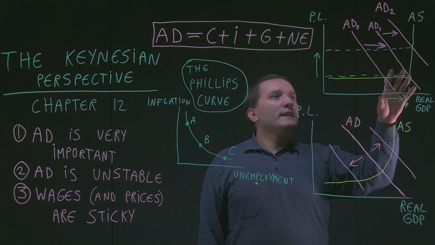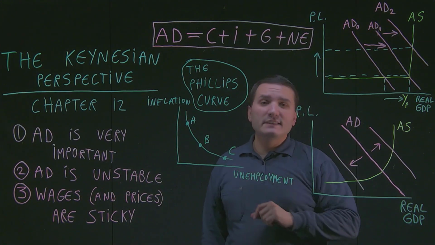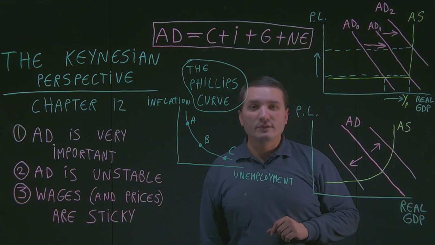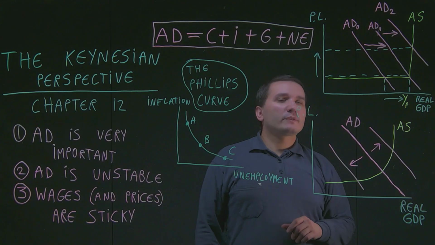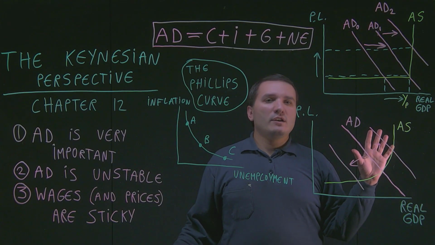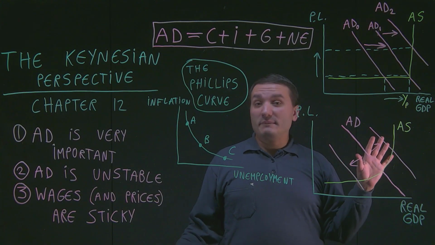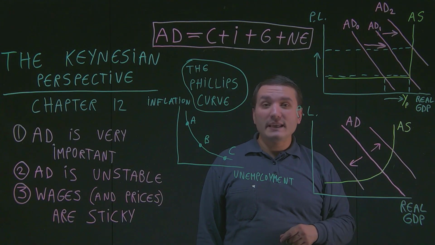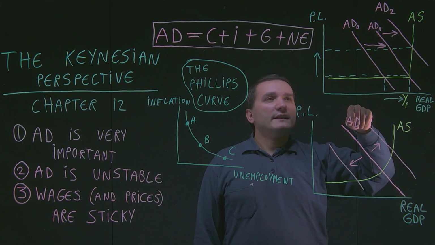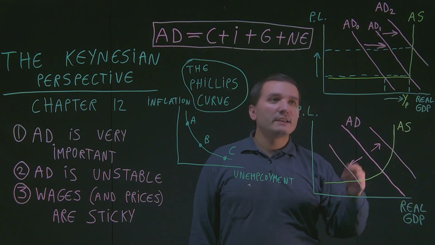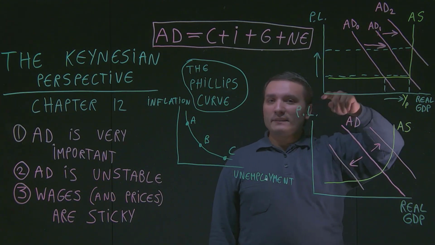So you can think of the Keynesian model and the neoclassical model as two extremes regarding what shape the aggregate supply curve is. In the extreme Keynesian model, it's angular like this. In the extreme neoclassical model, as we will see next week, it's a straight diagonal like this.